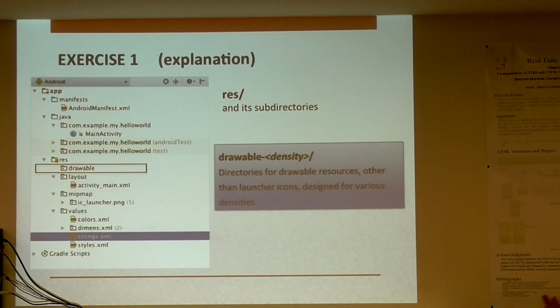But now there's a problem because there are many densities, and we should think how our application will look on many different densities. So definitions of some images could be stored in this place. So it's not very easy.